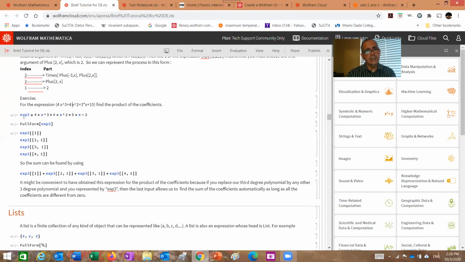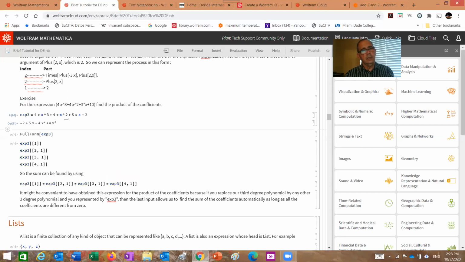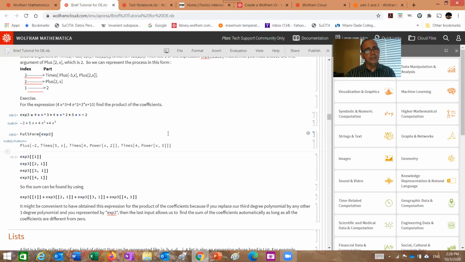We are going to call it exp3, which is the name of this variable. So we put the cursor here, you press enter, and then you get the polynomial. Now we can obtain the full form of this just to see how it looks. Notice that the last operation, the dominant operation here is the addition.